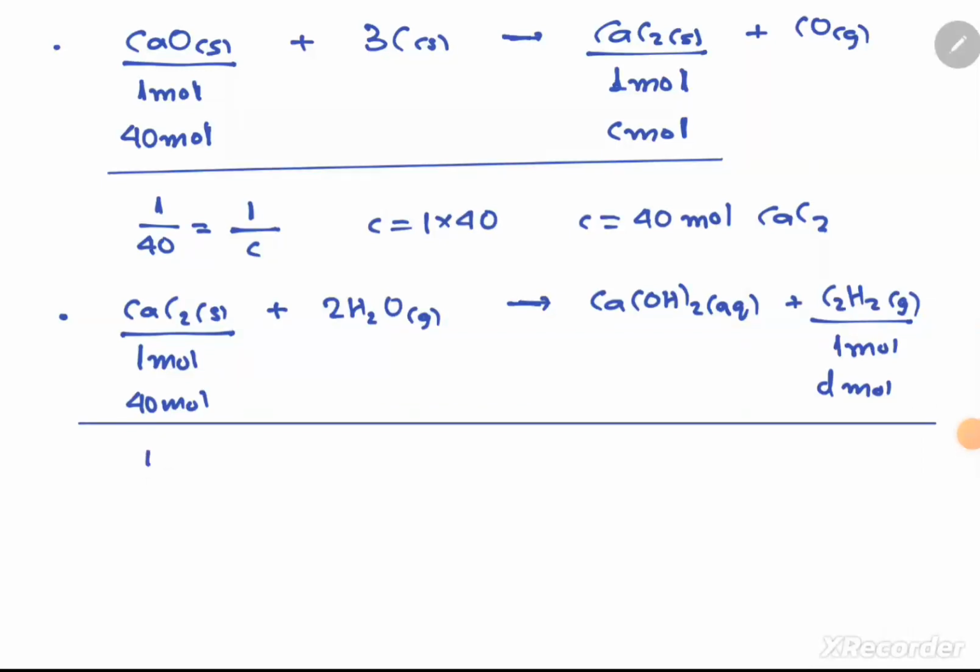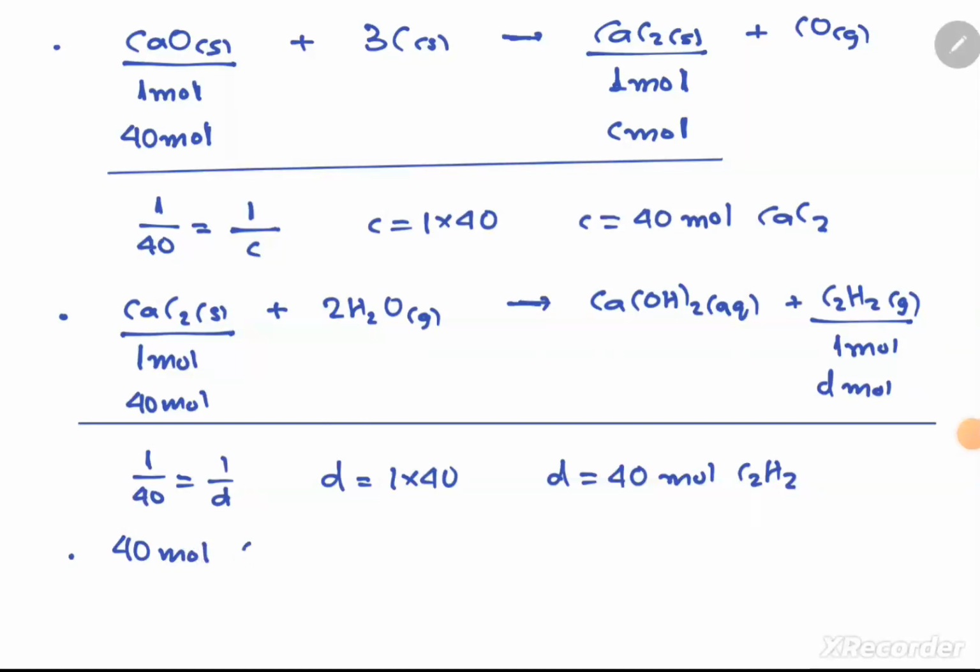So we have to solve the ratio. And we find 40 mole of acetylene. So we have the answer. 40 mole of acetylene are prepared.